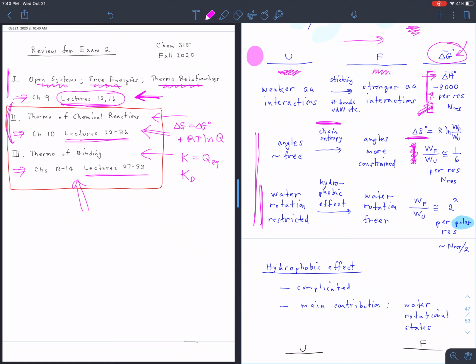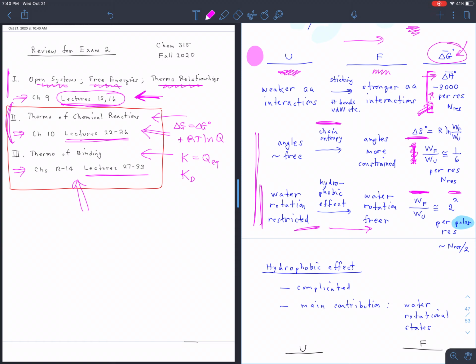The water rotation contribution is actually favorable because the hydrophobic amino acids are now sequestered in the center. That means there's less surface area of interaction between the hydrophobic residues and the water. And we can also talk about how many microstates are lost per residue due to the hydrophobic effect.